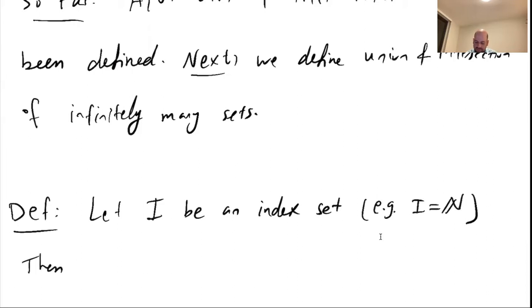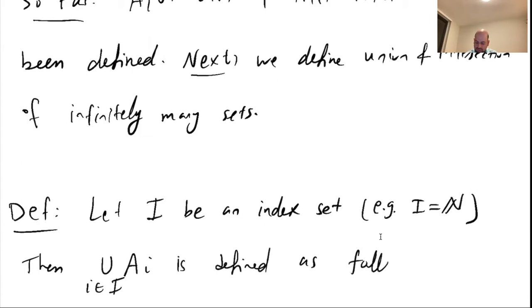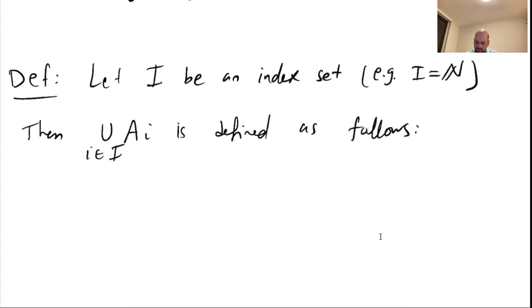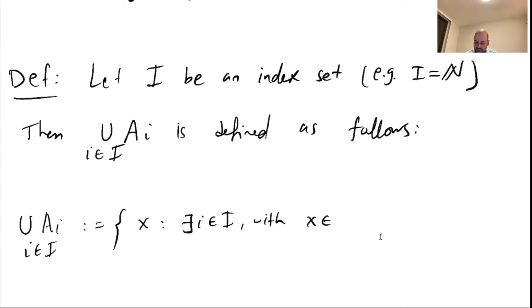Then the union of AI, I belongs to I, is defined as follows. So the union of AI, I belongs to I, is defined as the set of all X such that there exists I in I with X belongs to AI.